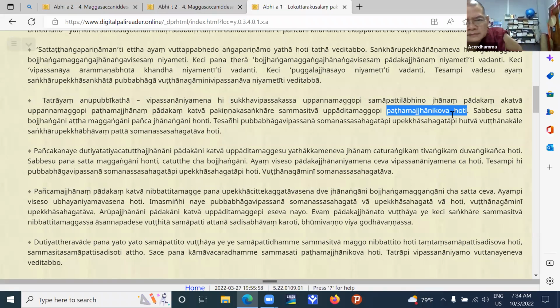So the problem here is the jhanang padakang akatva. How should we understand that? Does that mean that he also entered into jhana, but he doesn't take it as the object? Or he entered into jhana and then he takes the object? I don't understand what it means by jhanang padakang akatva. Both are possible, you know.